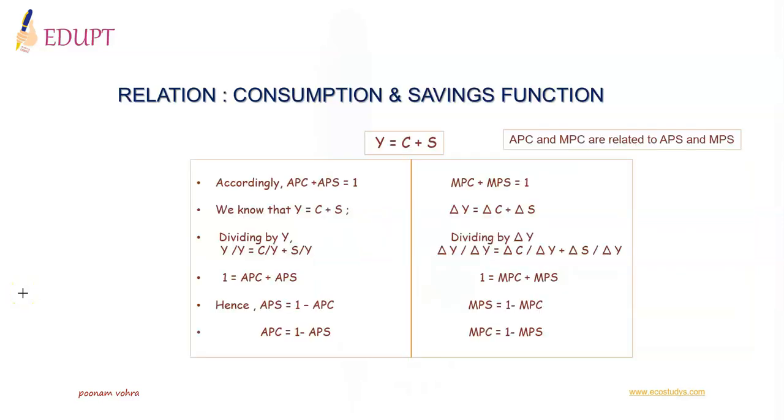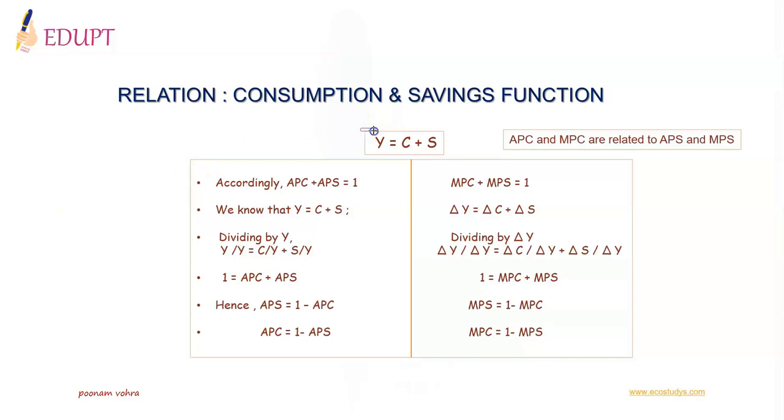Now that we have understood that income earned is either consumed or saved, we have also understood the meaning of average and marginal propensities to consume as well as to save. So one can then establish the relationship between these. Let's begin.